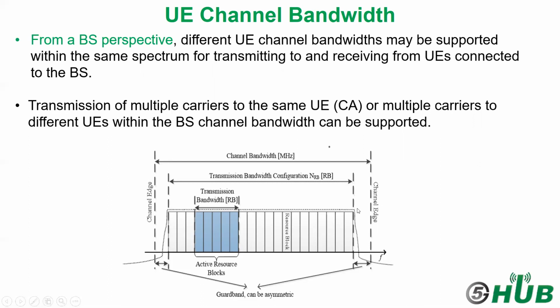So the number of physical resource blocks configured in any channel bandwidth ensures that the required minimum guard band at the left-hand side of the transmission bandwidth configuration is granted between neighbor channels to make isolation between the different channel bandwidths.